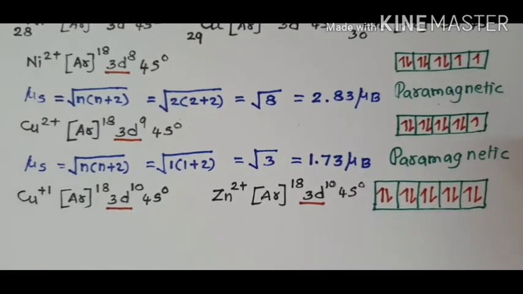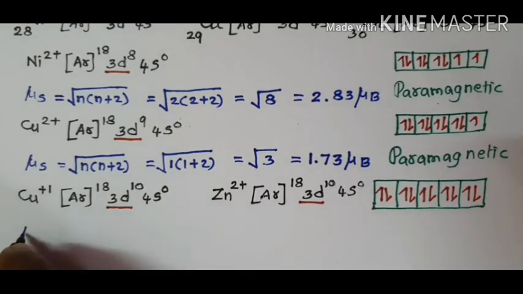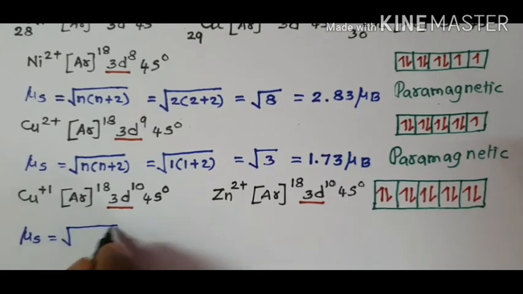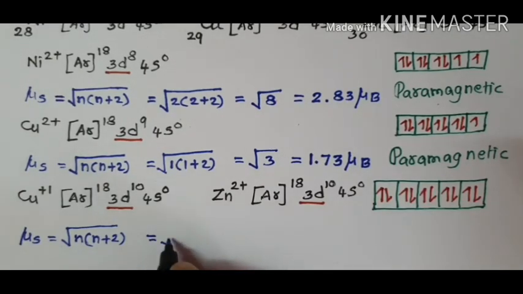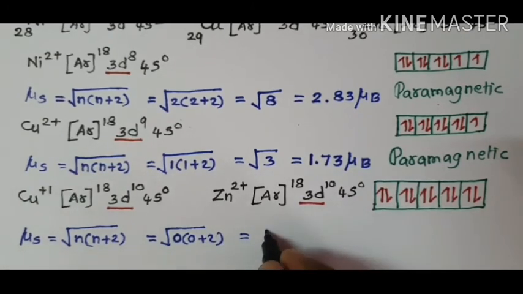Now calculate the spin only magnetic moment of copper 1 plus and zinc 2 plus. Spin only magnetic moment, mu s equal to root of n into n plus 2 Bohr magneton. Number of unpaired electrons equal to 0. Root of 0 into 0 plus 2 equal to 0 Bohr magneton.